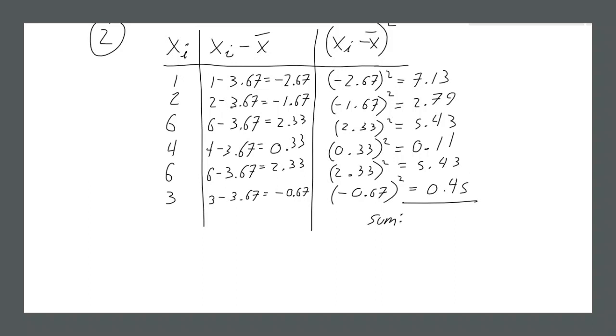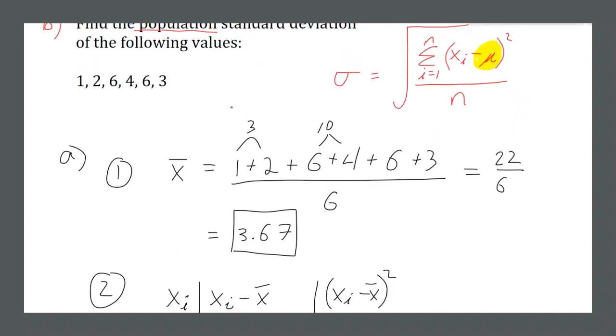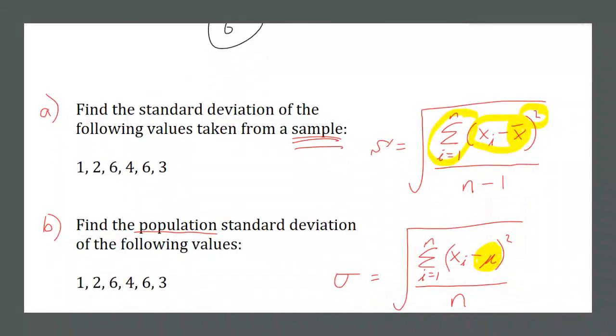So we have 7.13 plus 2.79 plus 5.43 plus 0.11 plus 5.43 again, and then plus 0.45. And that gives us 21.34.